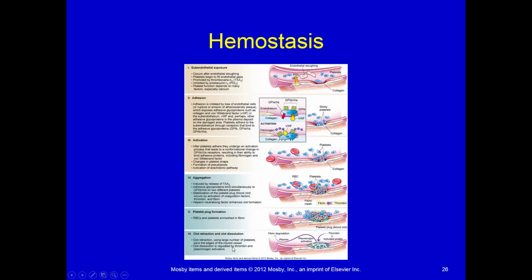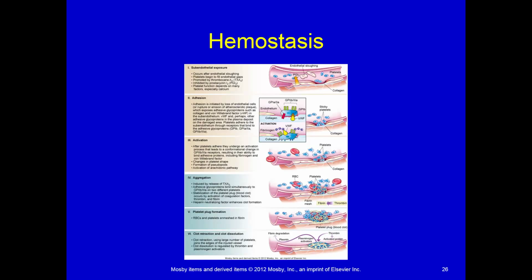Now, the last thing is clot retraction and clot dissolution. I've already said how good it is that under normal circumstances we have clot formation. But do we want that clot sitting there forever? No. So what has to happen? Eventually, the clot needs to retract and dissolve and go away.